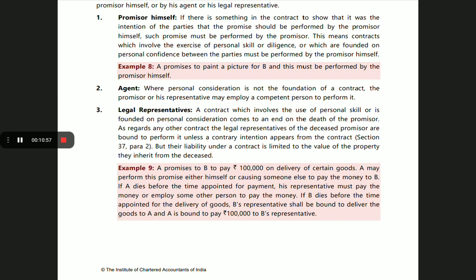If B dies before the time appointed for the delivery of goods, his representatives shall be bound to deliver the goods to A, and A is bound to pay 1 lakh rupees to B's representative.